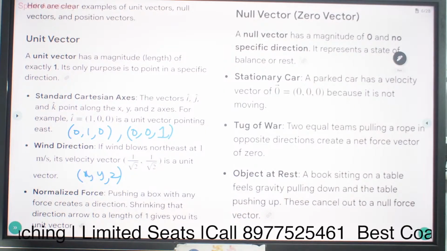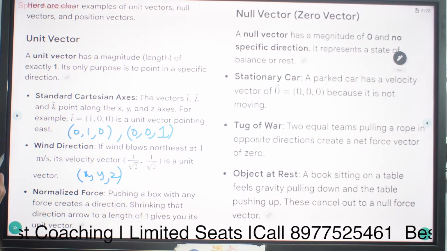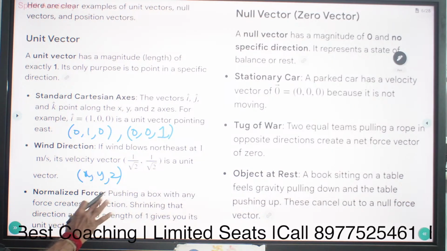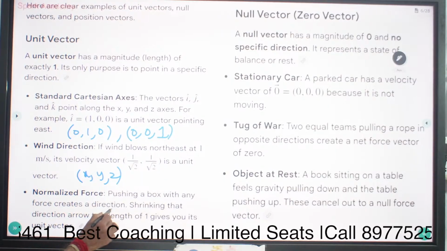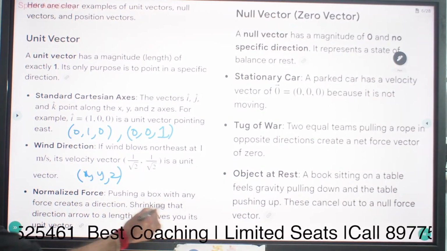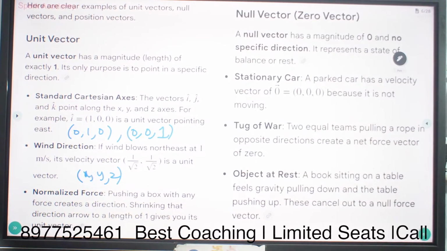Normalized force. What is normalized force? In maths you have studied normalization. Normalized force is nothing but pushing a box with any force, which creates a direction. Shrinking that direction arrow to a length of 1 gives you its unit vector.